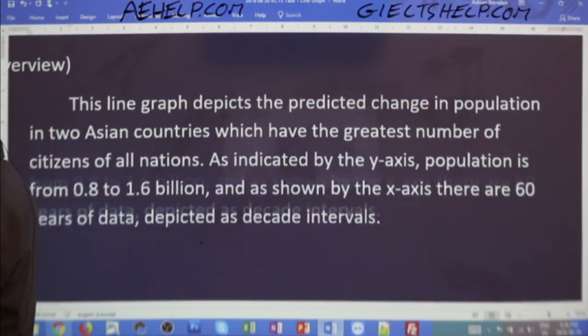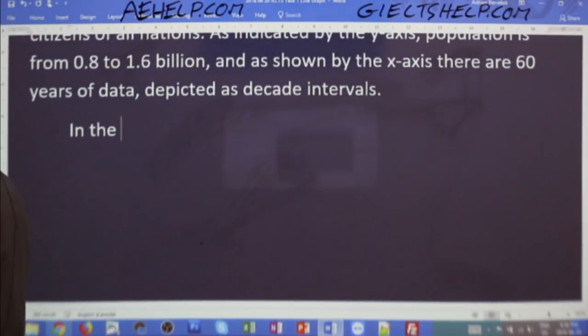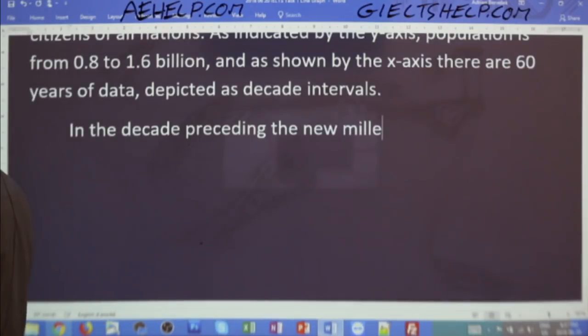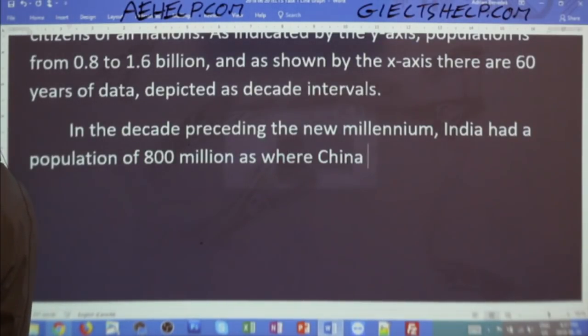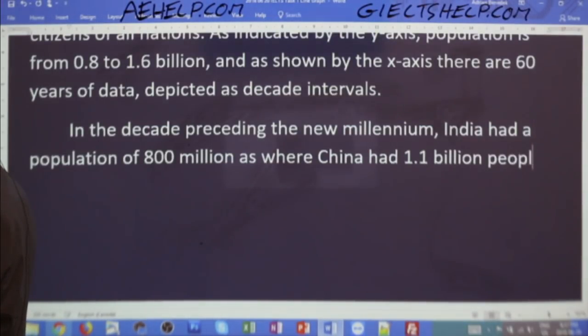How about this one? "In the decade preceding the new millennium," if you can write like this, you're going to get a band 9 for sure. "In the decade preceding the new millennium, India had a population of 800 million, as where China had 1.1 billion people."